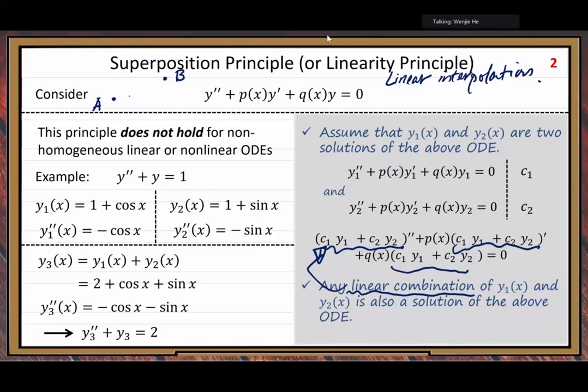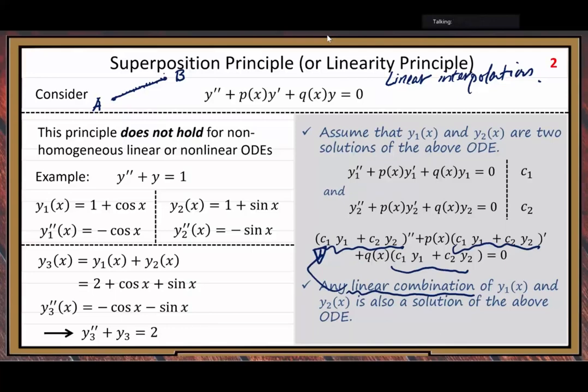We draw a straight line segment connecting these 2 points. Any point on this line segment between A and B, we call it linear interpolation.